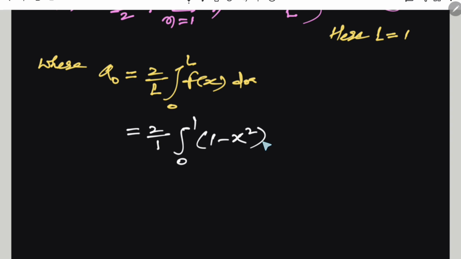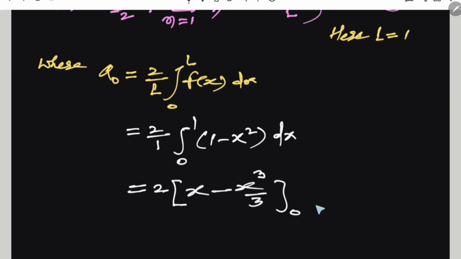and its integration with respect to x. Integrating each term with respect to x, we get 2 as it is. Integration of 1 is x, integration of x square is x cubed by 3, and limits from 0 to 1.